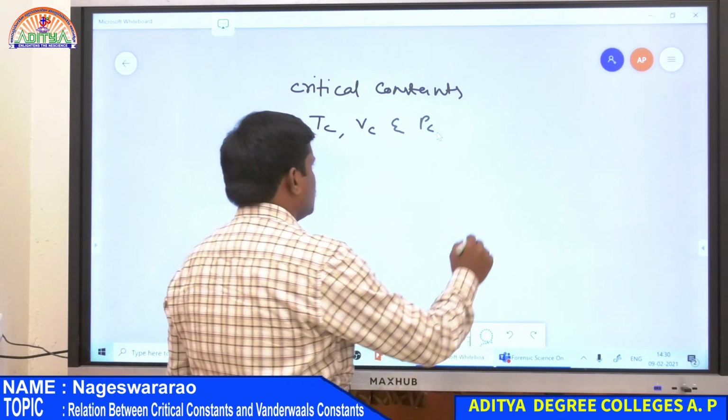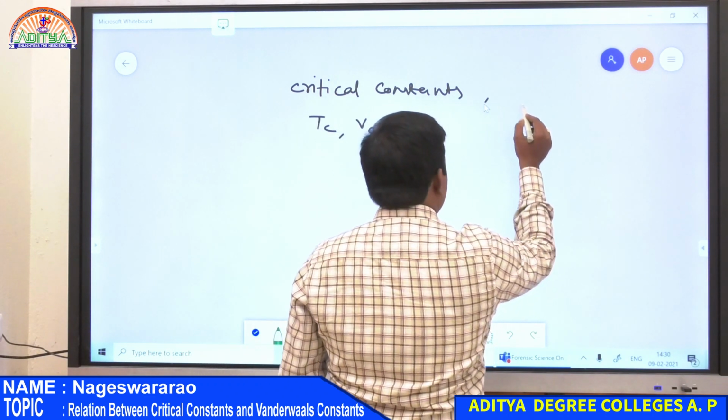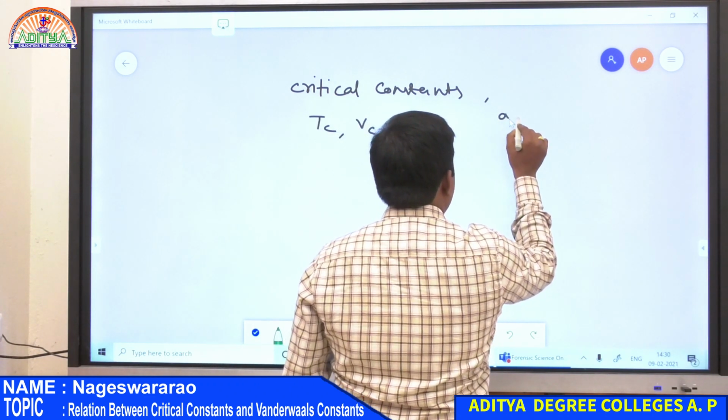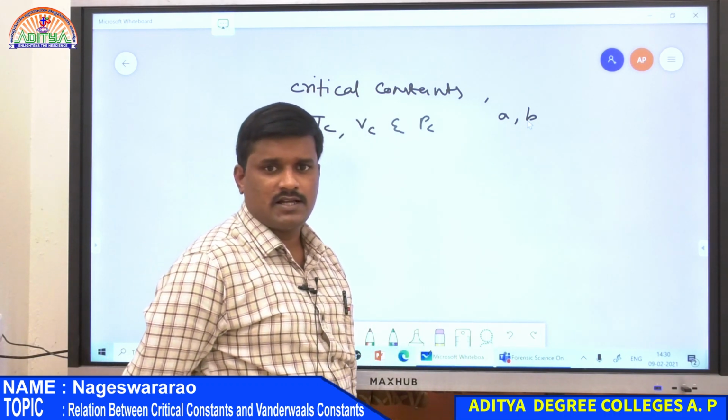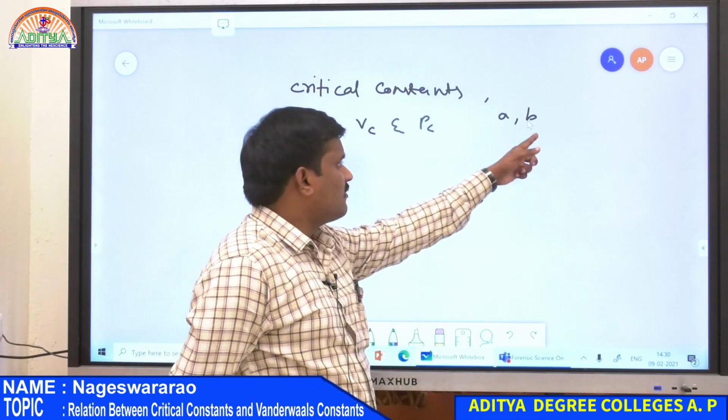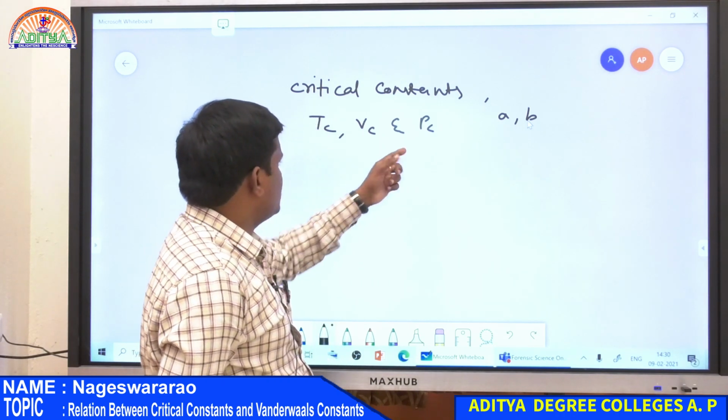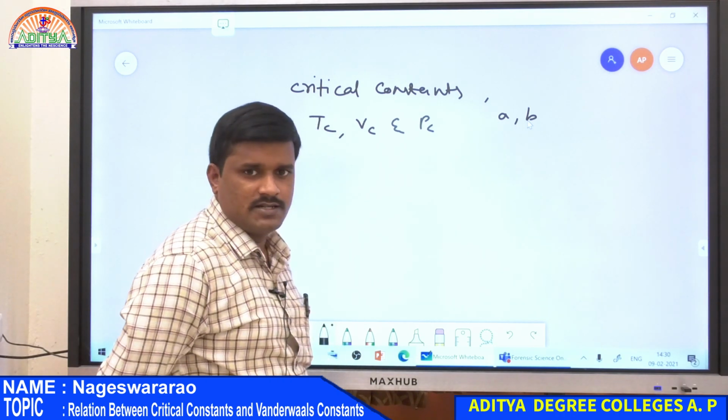And also in the van der Waals equation we derived a and b. So these are nothing but van der Waals constants. a and b are van der Waals constants, and Tc, Pc, Vc are critical constants.